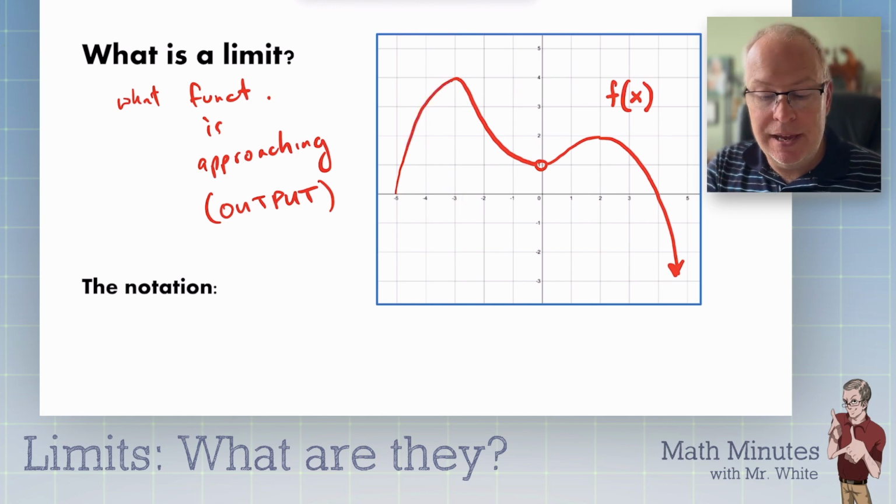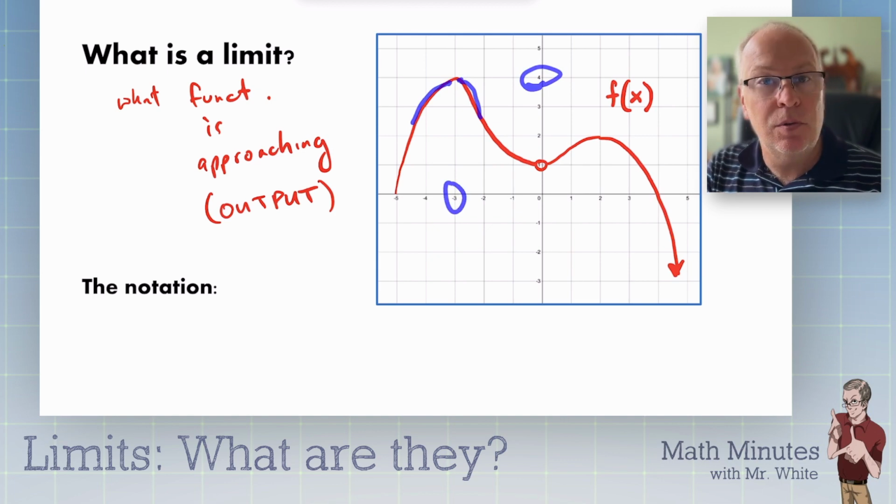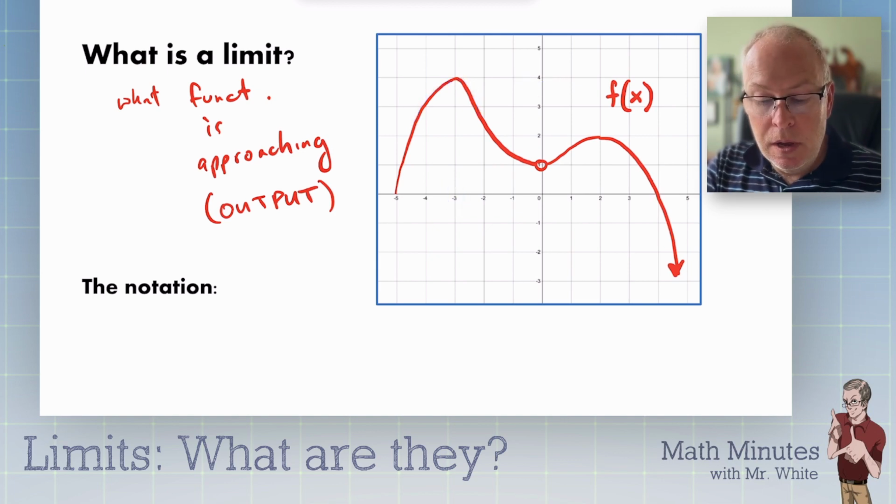So we would say the limit at x equals -3 is 4, because we're approaching it from both sides, by the way, and I'll talk about that specifically in a future video. But for right now, all you have to know is we're approaching the number 4, the output value of 4, at x equals -3.